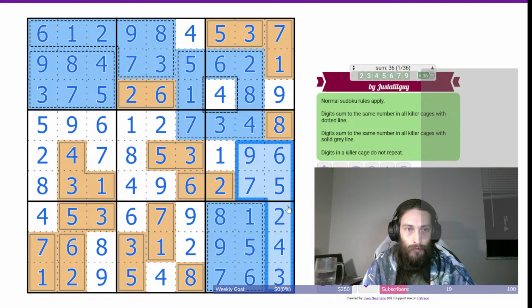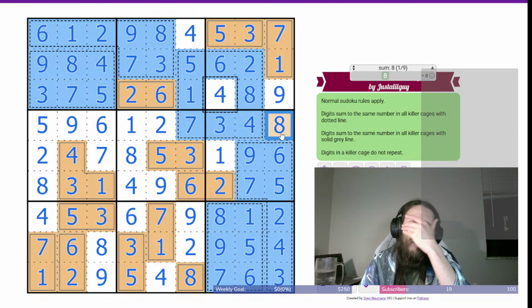And because of that, and it also took us a while to figure out that we had to have a 9 in here, which made this smaller.